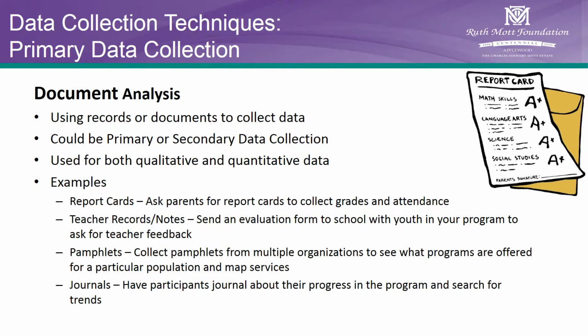So you can have maybe the youth in your program keep journals about the work that they're doing in your program and maybe the changes that they're experiencing from it. And then you and maybe someone else are going to read through the journals and actually look for themes or common trends that are coming about throughout the youth's journals that you read.